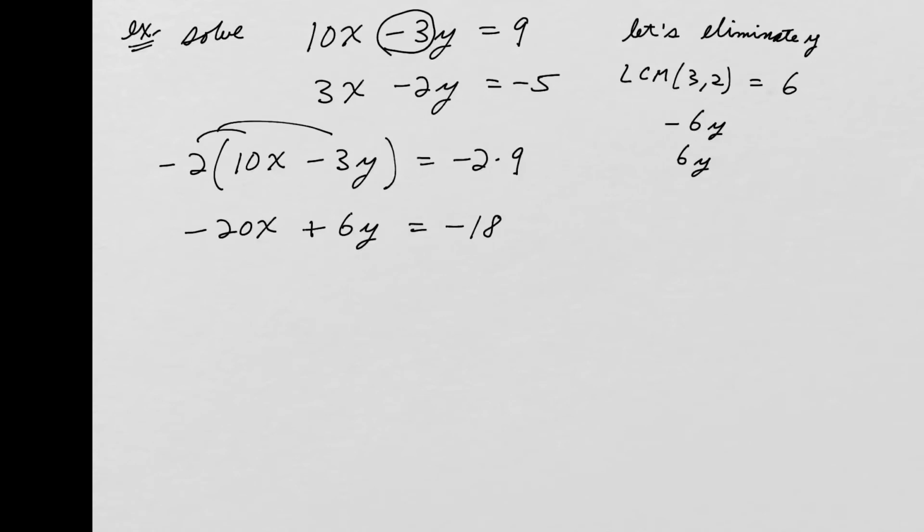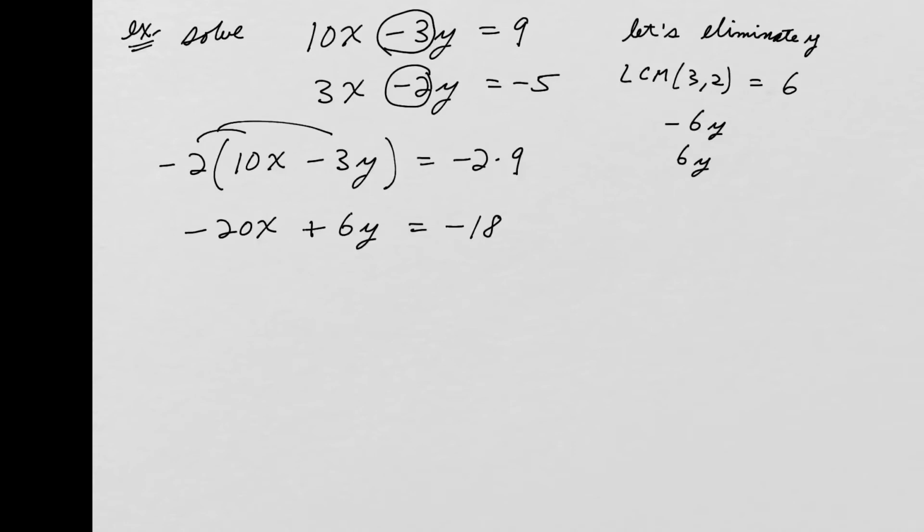Okay. Now, in the second equation, since I made this a positive 6y, I want the second equation to be a negative 6y. Well, right now I have a negative 2. So how do I make that a negative 6? Well, I can get a negative 6 if I multiply it by a positive 3.